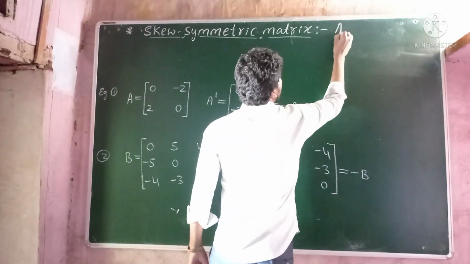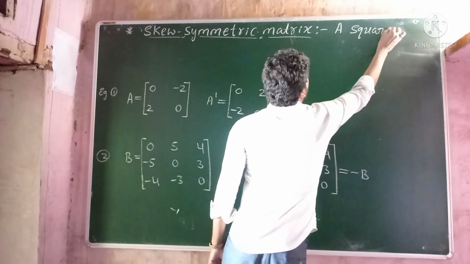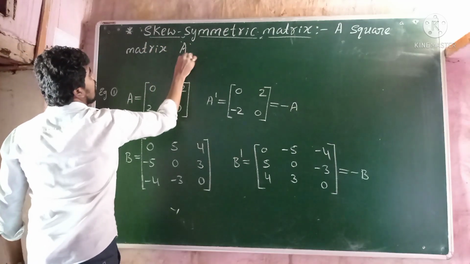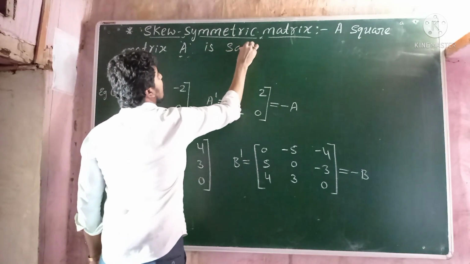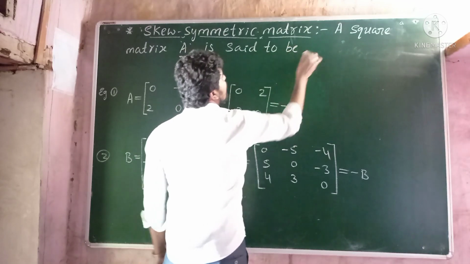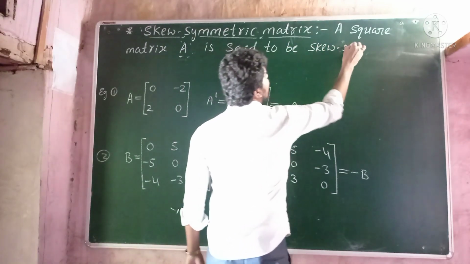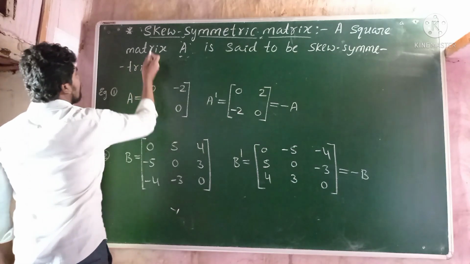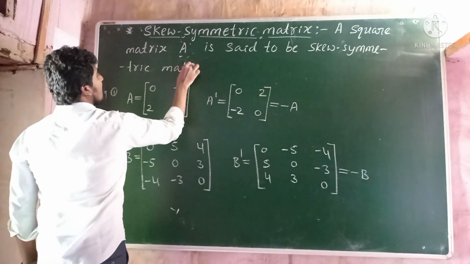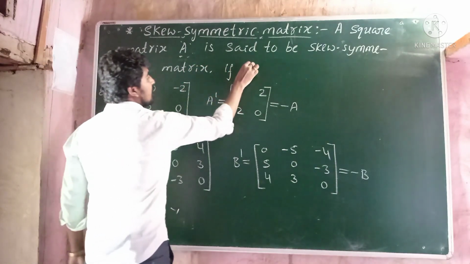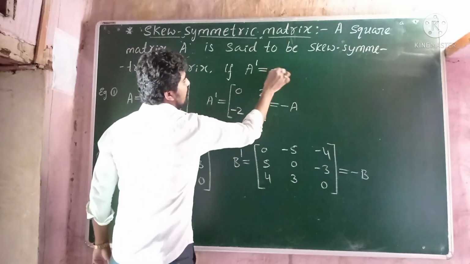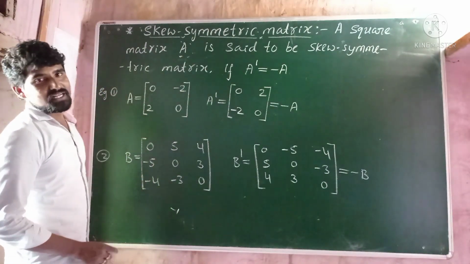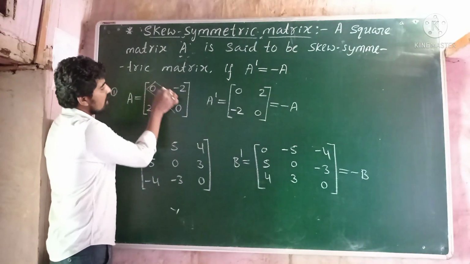What is the definition? A square matrix A is said to be skew symmetric matrix if transpose of the matrix A is equal to minus of matrix A. You may observe here, in these skew symmetric matrices, the diagonal elements are always equal to 0.